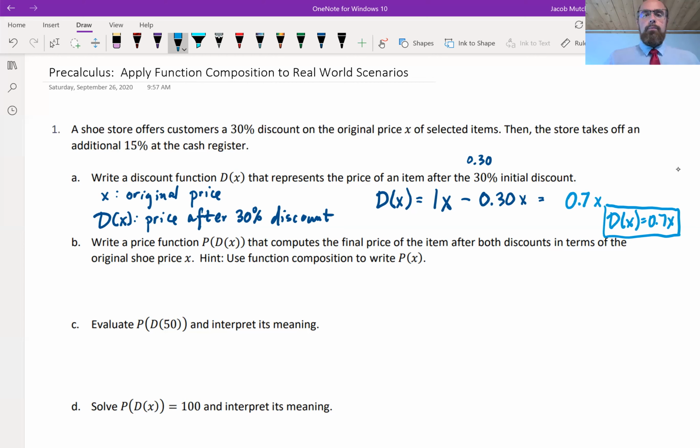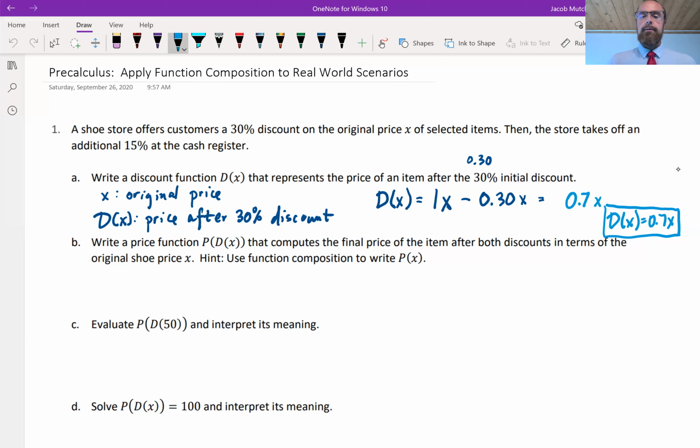Now in part B, what we want to do differently is now write a price function that would be after both discounts. So P of d of x, notice that's a function composition. And what we want to represent with P of d of x is computation of the final price of the item after both discounts in terms of the original shoe price X. And we've already seen we're going to use function composition.